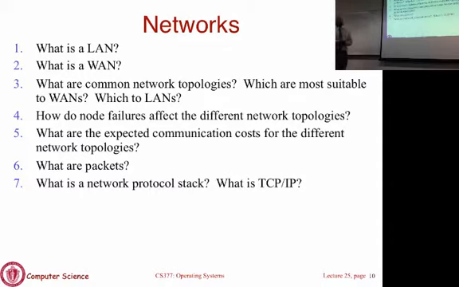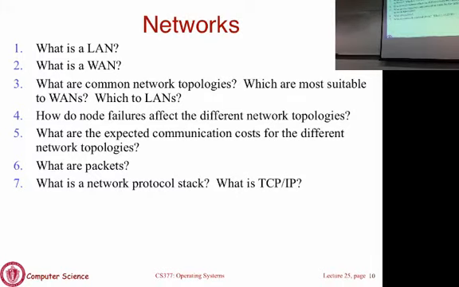We talked a little bit about what a packet is. It's a unit of data sent out by an application that traverses the network and reaches the destination. We talked about the protocol stack: what is a network protocol stack? We looked at the layers of a protocol stack, starting from the physical layer all the way to the application layer. TCP/IP, I said, was an example of a typical protocol stack that's widely used.